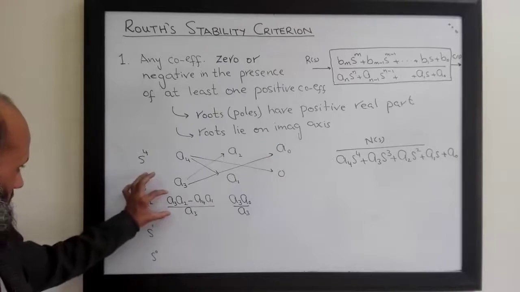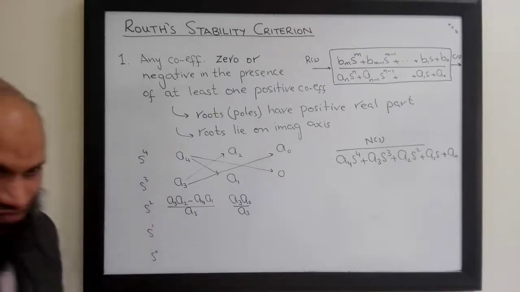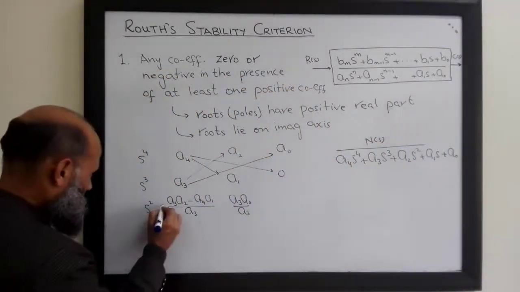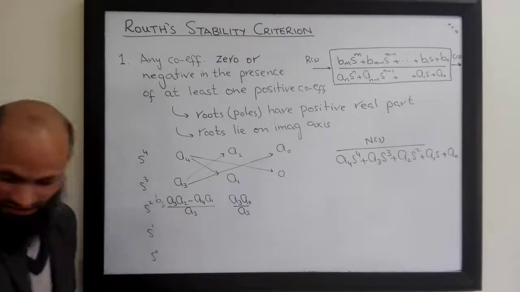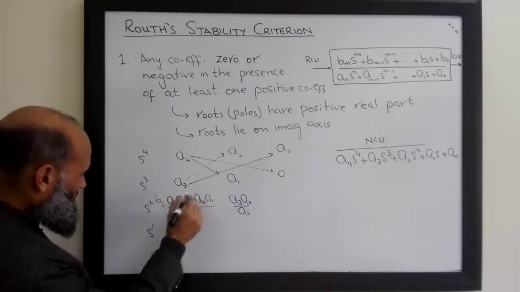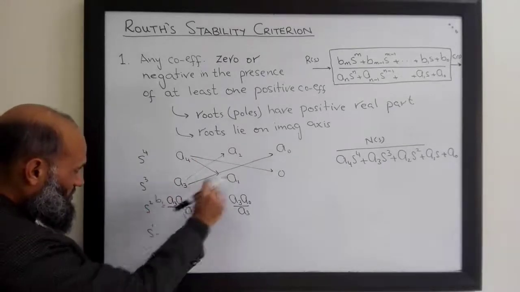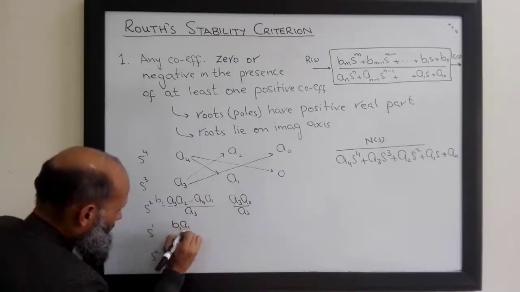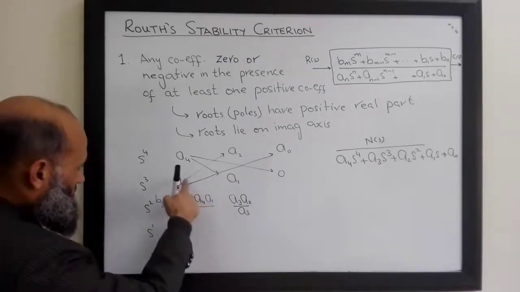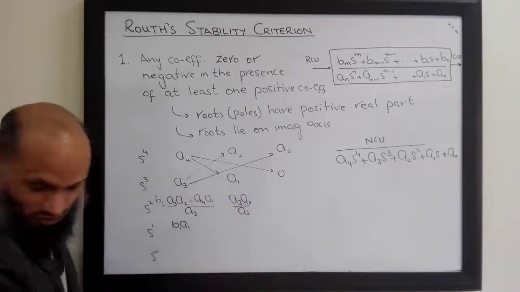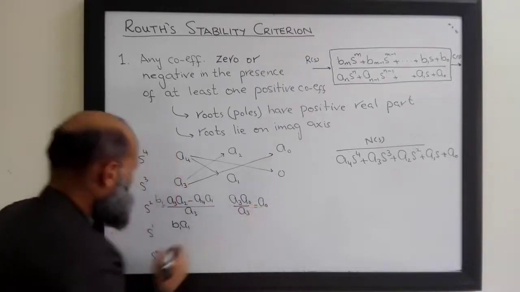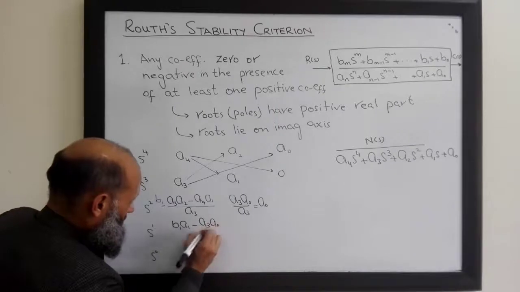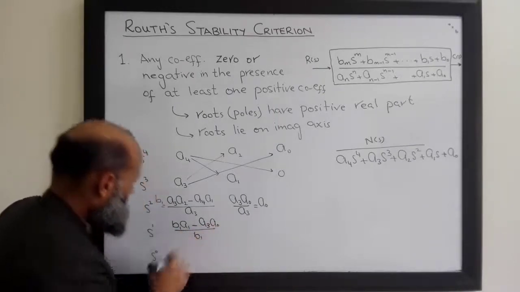So for the purpose of simplicity, let's give it some name. Let's call it b1. Then the entry over here is determined in the same way, that is b1 multiplied by a1 minus a3 multiplied by this entry, which is the same as a0, so b1 a1 minus a3 a0 over b1.